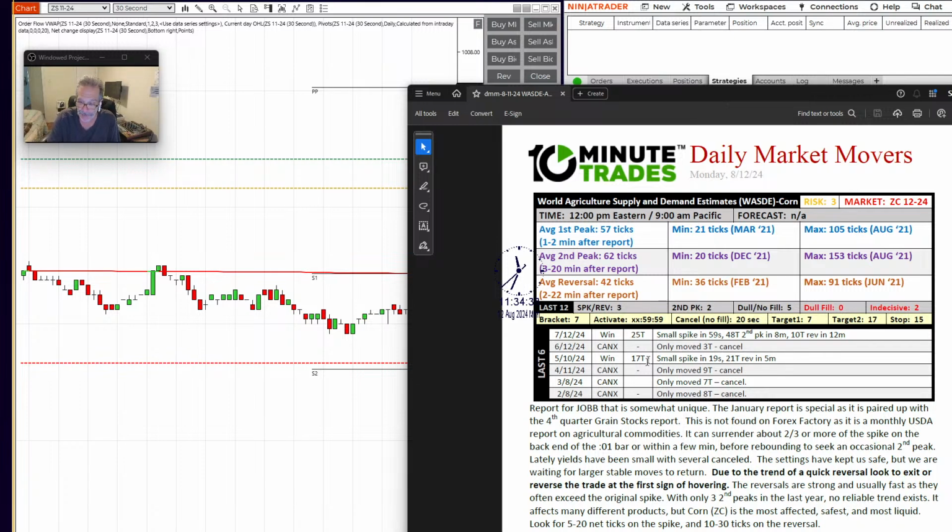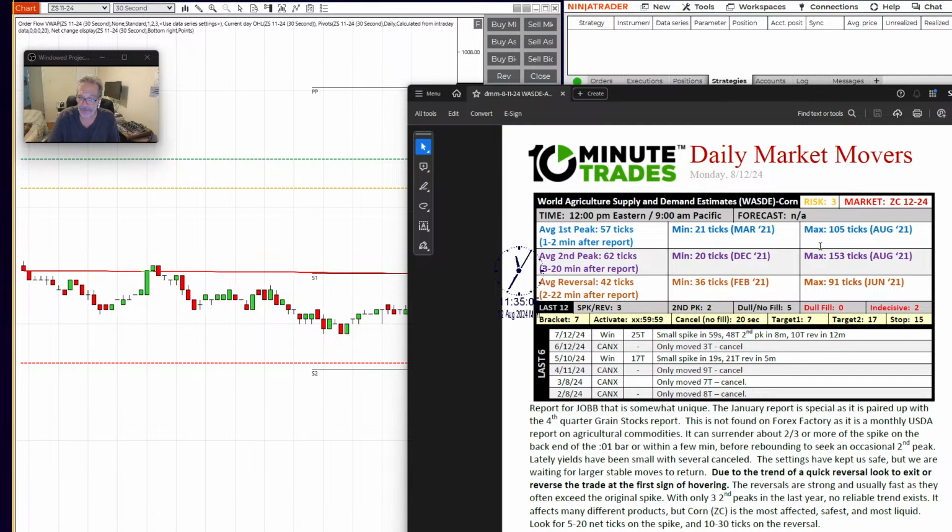It has not been working at all. It just hasn't been moving much. That's been the big problem with corn. It basically just has not been moving on the news. And it is starting to make a comeback, however. You could see that 2 out of the last 3, it moved more than we've seen.